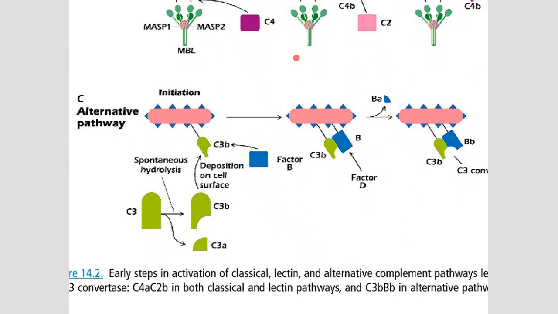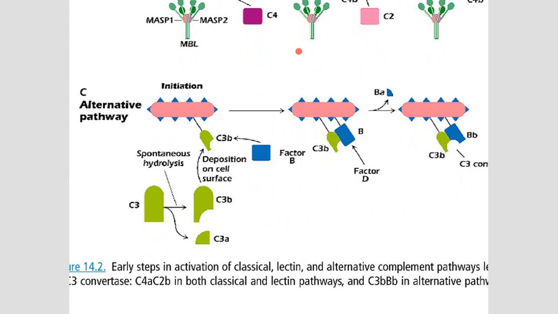And finally, we have the alternative pathway. Again, initiation is different. So we have a C3b, which was already produced either by other pathways or is freely floating in the blood. And this C3b will attach, and you can see from here, and deposit on the cell surface, and then it will invite other factors.